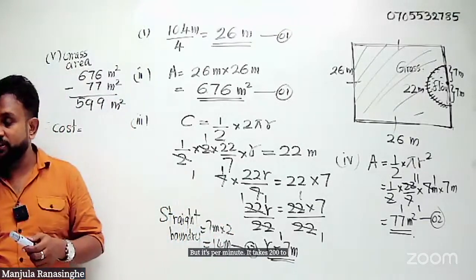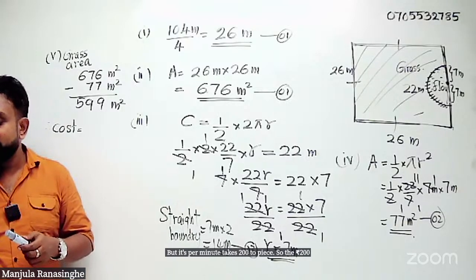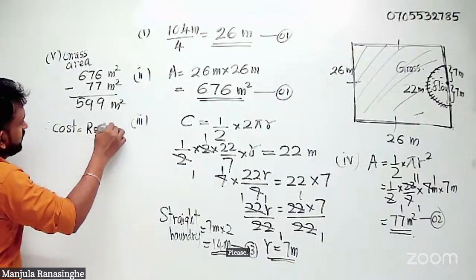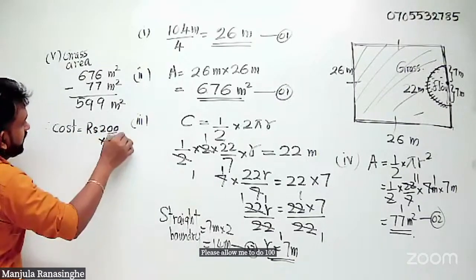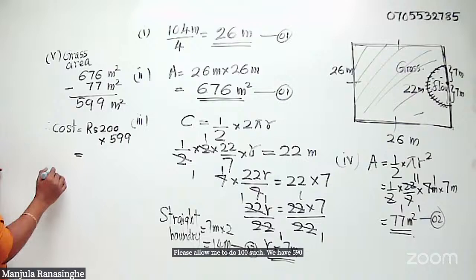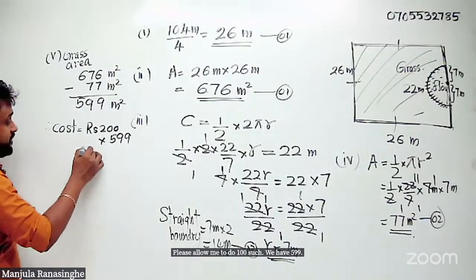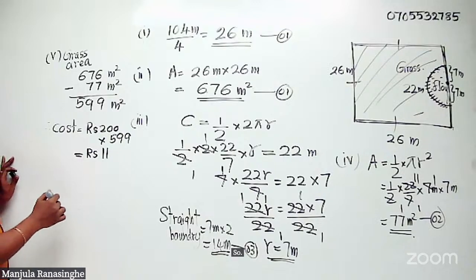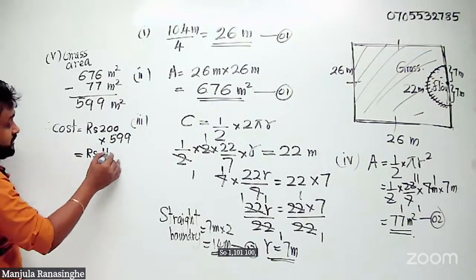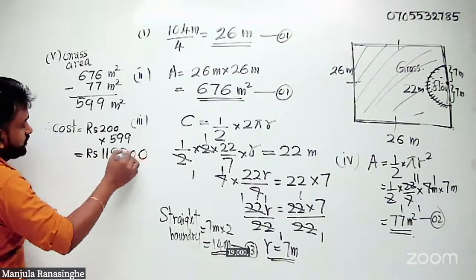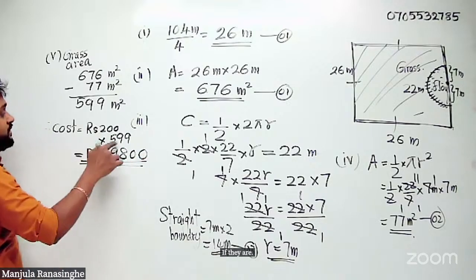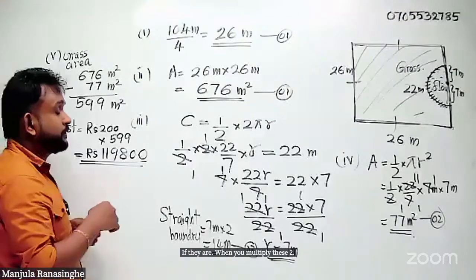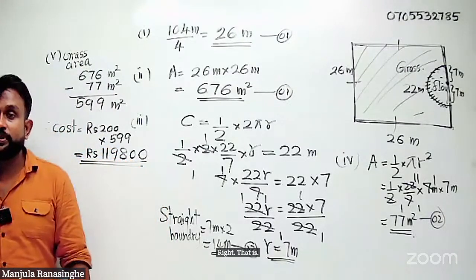So we have 599 square meters, multiply here with 200, and you get 119,800 rupees when you multiply these two. That is the cost, the last 3 marks given.